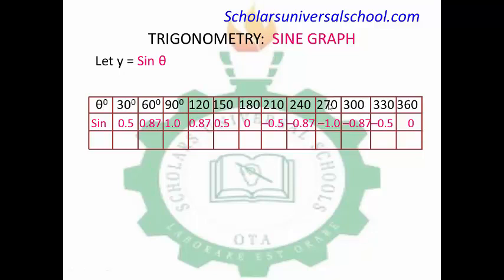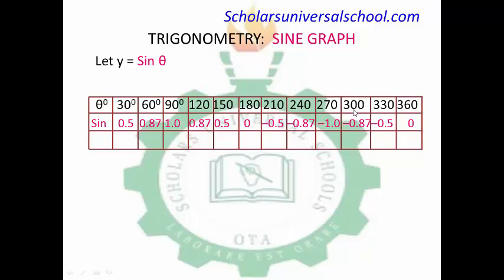So the acute form of 270 degrees could be taken as 90 degrees, and sine 90 degrees equals 1. But because it is in the third quadrant, we have to give the negative value. Remember, All Scholars Teachers Care.